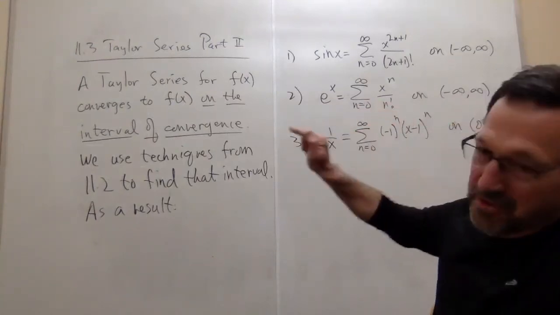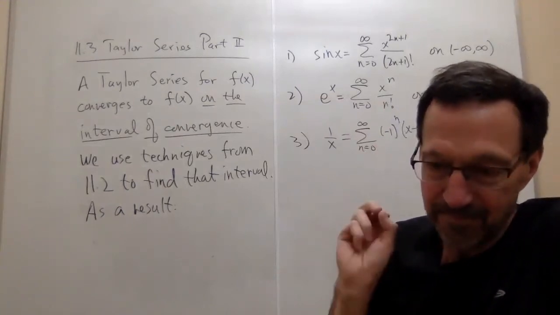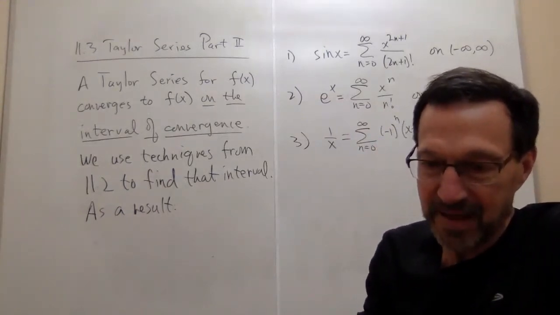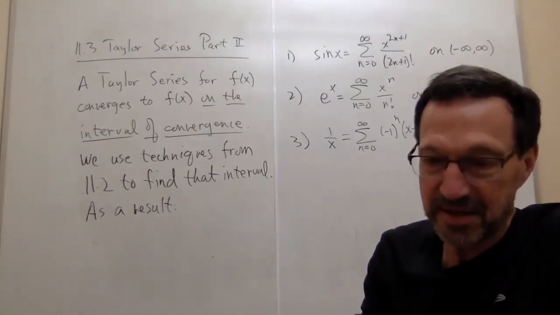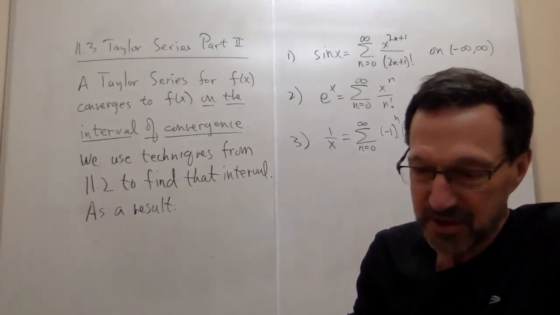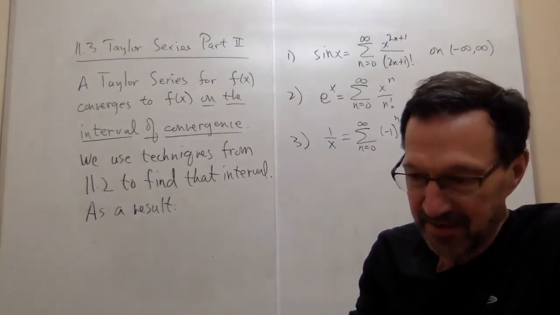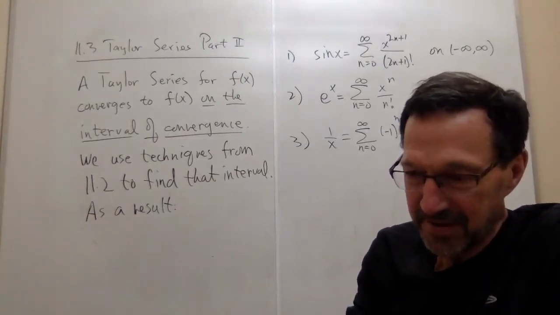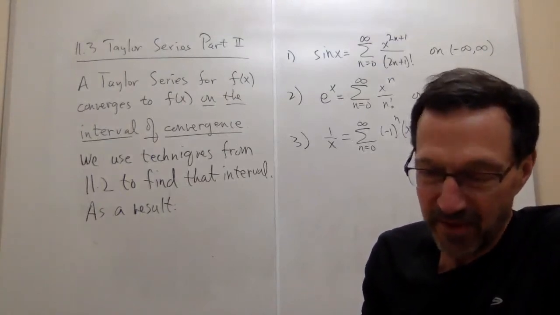So what is true, a Taylor series and a Maclaurin series, they are power series, just like we learned about in Section 2. Therefore, they have a radius of convergence and an interval of convergence. And once we figure out what those coefficients are, explained very well in the calculus professor's video, then we need to take it one step further and find out what is the radius of convergence.